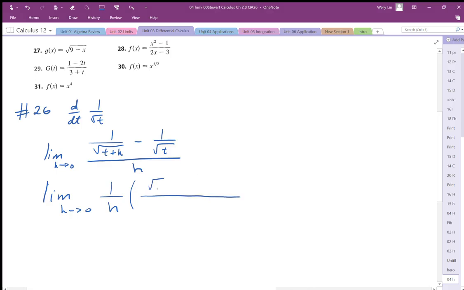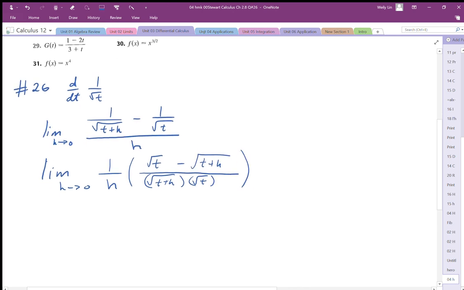So we end up with square root t minus square root t plus h all over the common denominator, root t plus h times square root t. Now we can keep it separate like this, or I'm going to end up just putting it into one denominator because it's easier to keep track of for me.